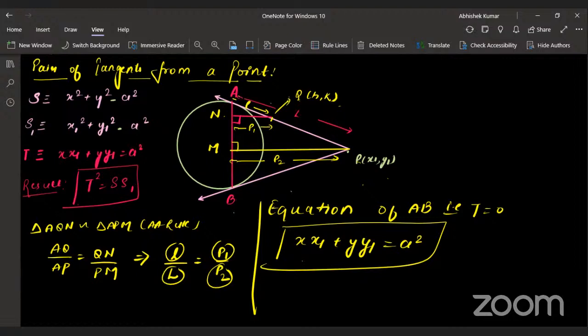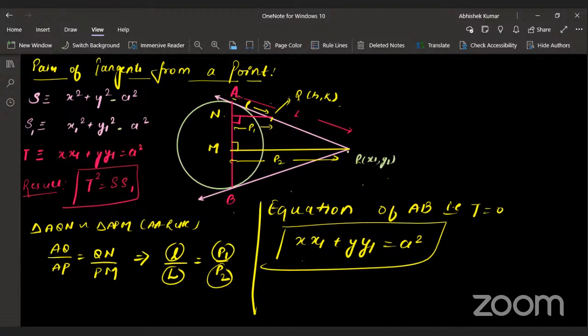Sir, L will be K square plus P1 square. Can you repeat? L square would be equal to K square plus P1 square.